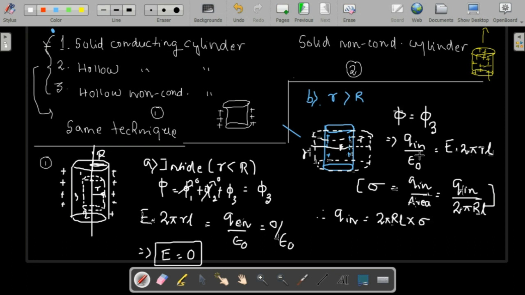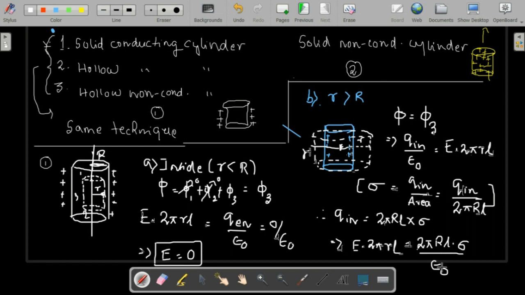That's my Q in, so we can replace it here. That means E into 2 pi small r L, don't mix up small r and capital R, is equal to 2 pi capital R L into sigma divided by epsilon naught.